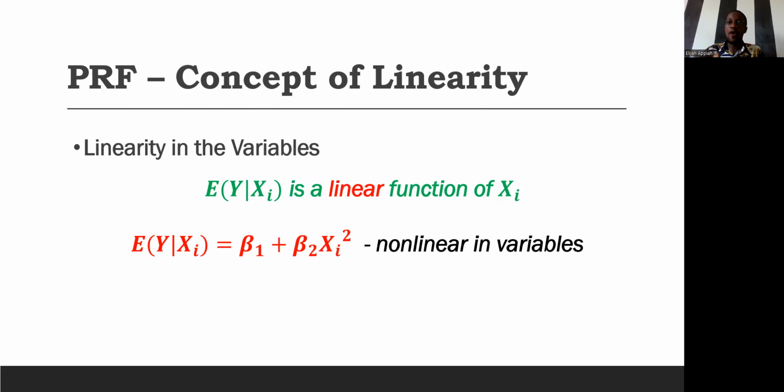So you can have 2 or more. Now, anytime you have a function where the highest power of the variable is 2, we call it a quadratic function. If it is 3, we call it a cubic function. If it is 4 or more, we just say it's a polynomial function. That is just to say it is not linear in terms of relationship. So this variable having the square term makes it non-linear in the variables.